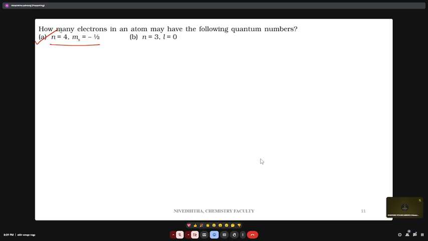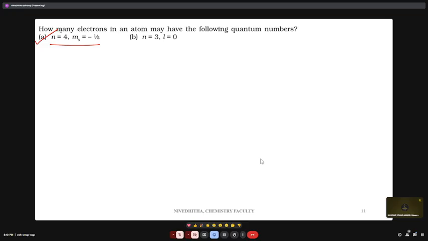You're partially right, but it is not 32. See, 32 is the total number of electrons in that shell, right? I think Mumtaz is right. She's telling me the number of electrons which can have this quantum number is just 16 and not 32. Answer is 16 and not 32.